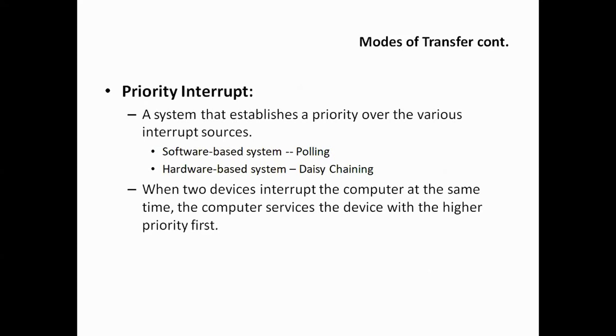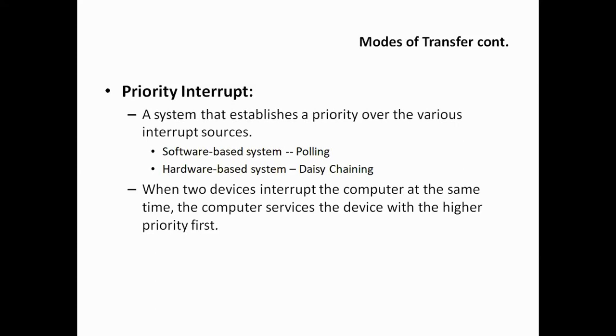Say for example, a scanner and a keyboard simultaneously want to send data to the computer. So what will happen in this case? There will be a conflict. So the computer has to do something.